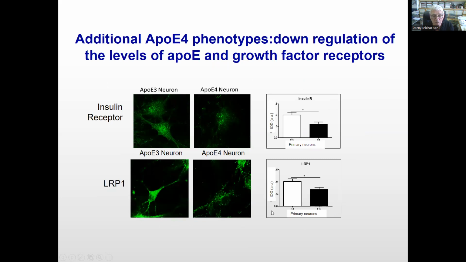So once we hit this N1, we thought that we needed to do some more studies to convince ourselves that indeed it is a good anti-ApoE4 molecule. So we looked at a few other phenotypes of ApoE4. For example, work of Mirna Safia in the lab has shown that the levels of insulin receptors and LRP receptors are lower in E4 than E3.